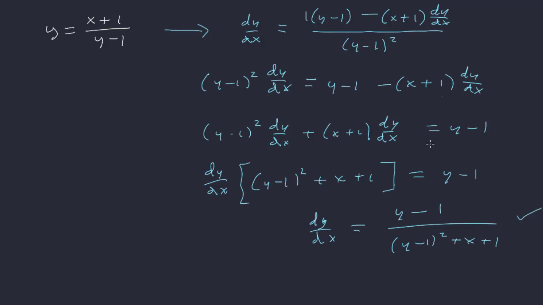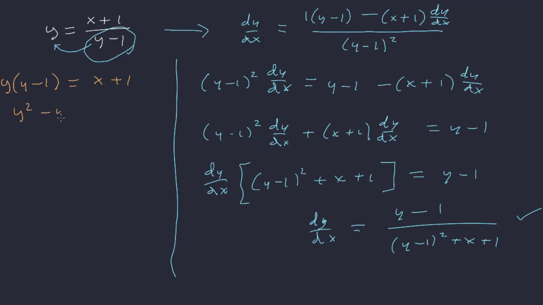All right, there's nothing wrong with doing it this way. However, I would argue that we would have a much easier time if, once we started, we moved this y minus 1 to the other side. Can we do that? Well, turns out we can, because if I multiply this over to get y times y minus 1 is equal to x plus 1, we'll get y squared minus y on this side and x plus 1 on this side.